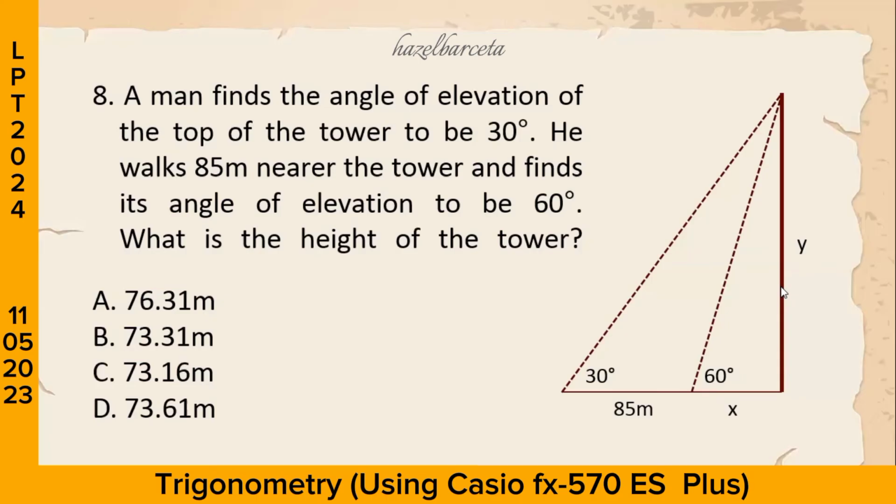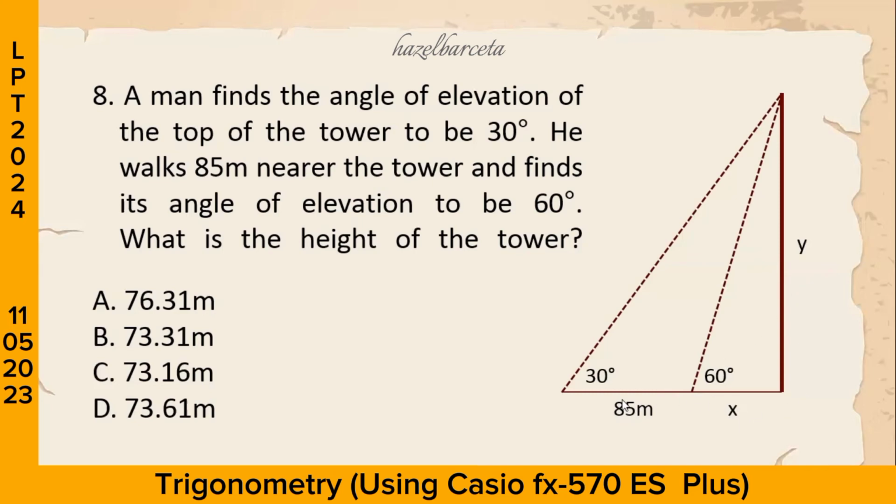Okay? So the given is the angles, the adjacent side, and we are to solve for the opposite side. Adjacent, opposite, opposite, adjacent, tangent. Okay? So ganun po natin hahanapin kung ano po ang ating gagamiting function.